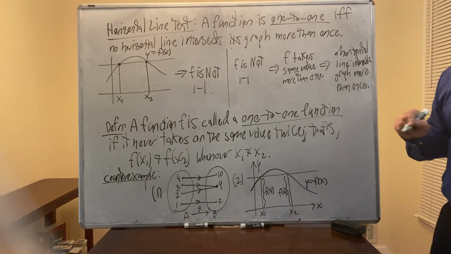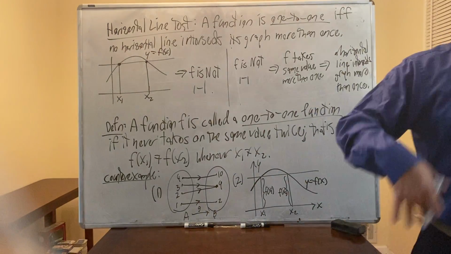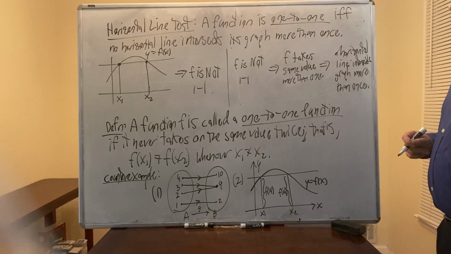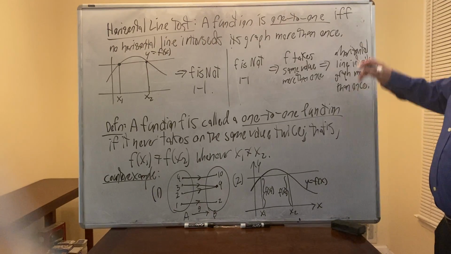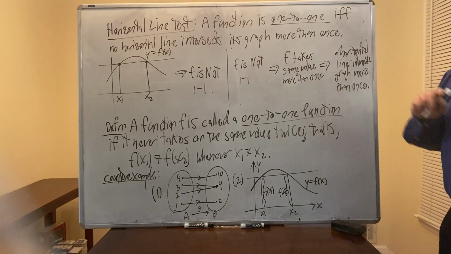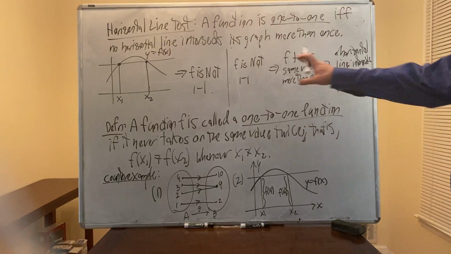Where it intersects the graph more than once, those are two points where you have two different x values and the y value is repeated. This is with a picture, and this is in words, but it's kind of picturesque, the implications of that.